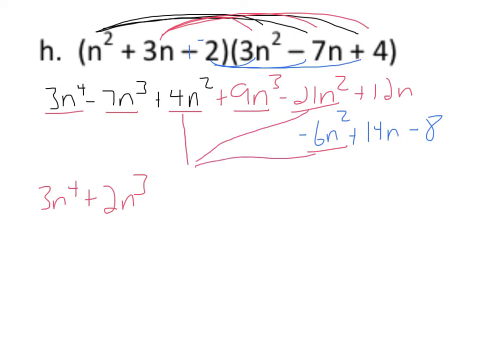Those two will give us a positive 4, negative 21, negative 6, which is a negative 23n squared. Then we have n's that are here and here, which is a positive 26n, and then we have the constant minus 8. That is the lengthiest problem we'll see.